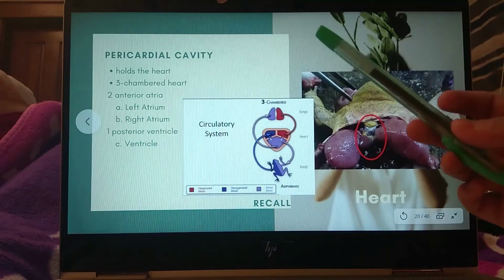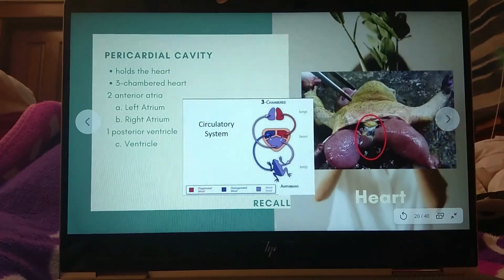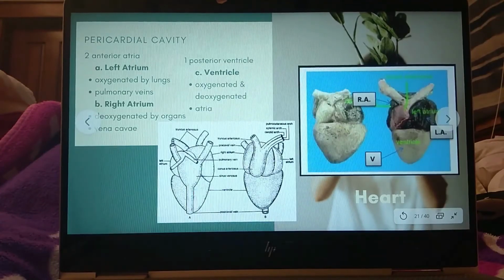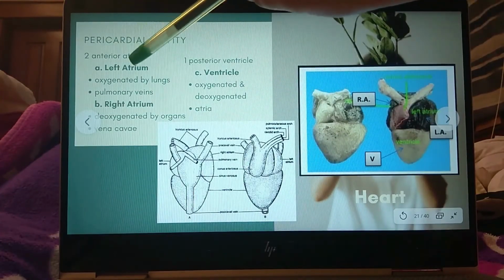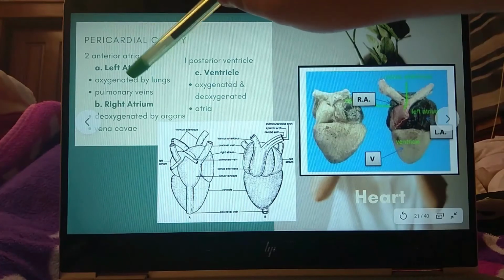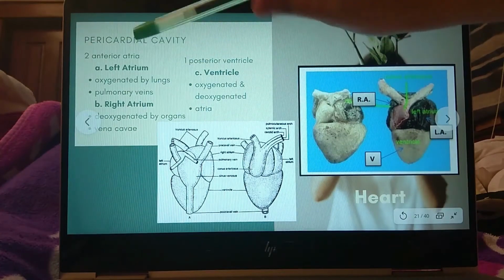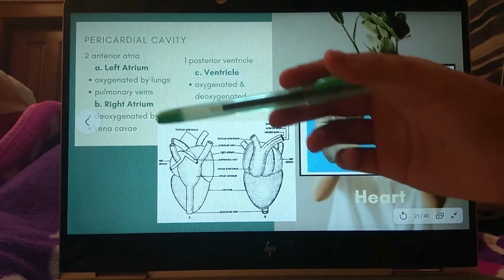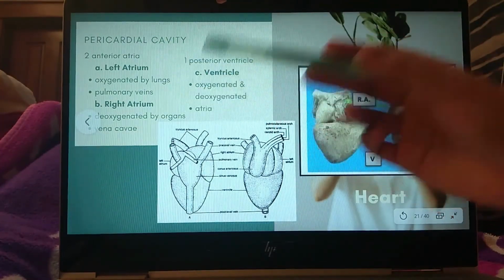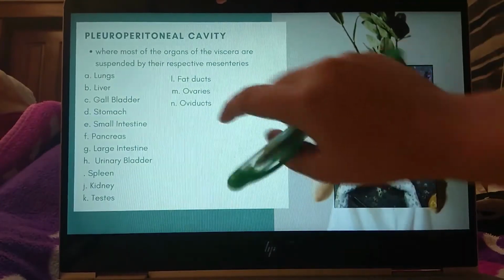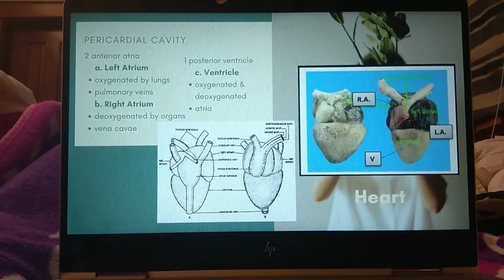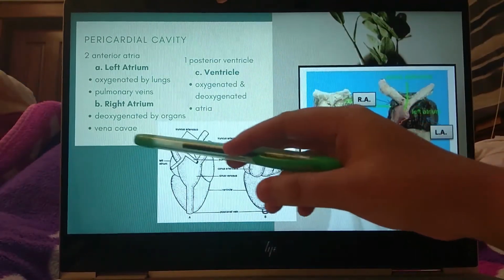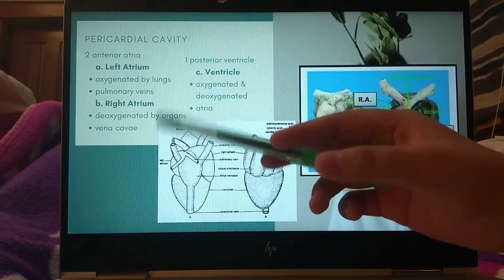So what we simply need to remember is that the left atrium receives oxygenated blood from the lungs, which is carried by the pulmonary veins, and the right atrium receives deoxygenated blood from the different organs, carried by the vena cavae, the precava and the postcava.